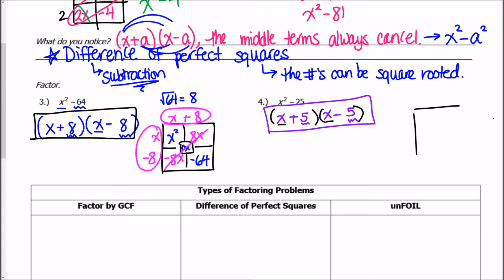Let's verify with our box to make sure that this is correct. So right here, this needs to be x squared. Right here, this needs to be negative 25, so I'll put x and x, and then 5 and 5 have to go here to get these to cancel out, but one of them has to be negative in order for this to work for me, okay?